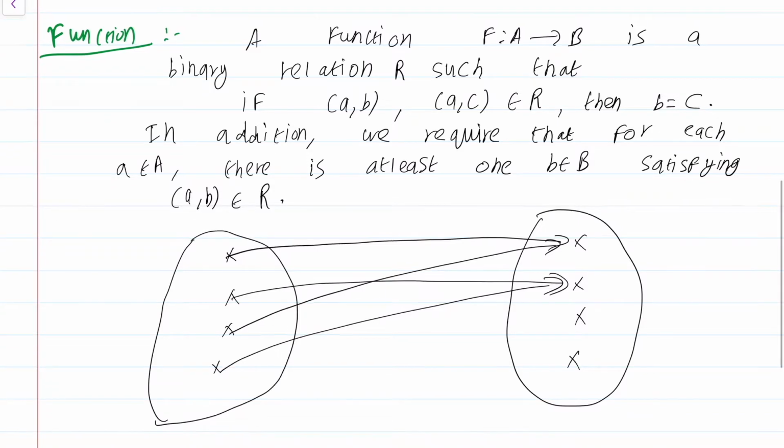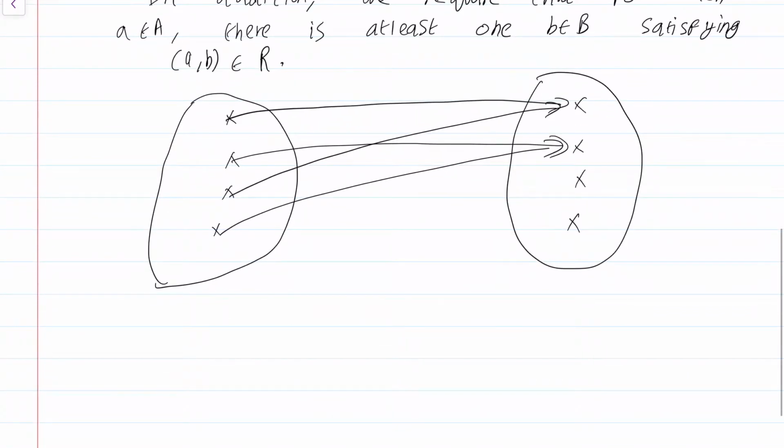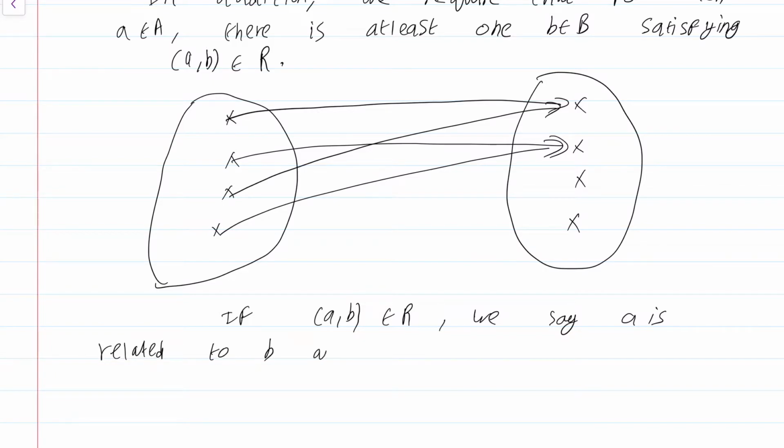Okay. So implicit in my discussion above was this talk about an element being related to another element. So what this means is if (a, b) is in the relation R, we say a is related to b, and write aRb instead.